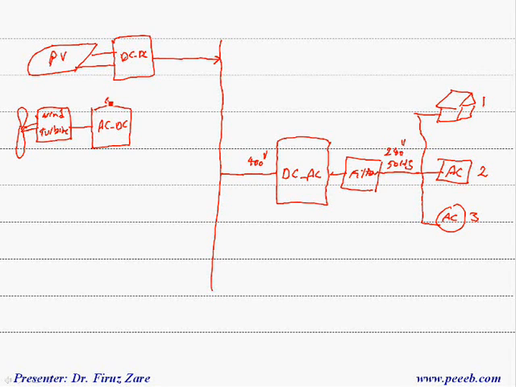If it's active, then we can connect it directly to 400 volts, or otherwise we can use a diode rectifier. That means AC-DC, and then we can regulate through a DC-DC converter.